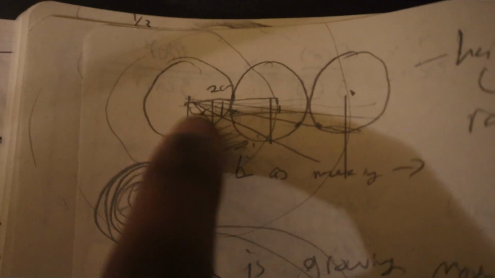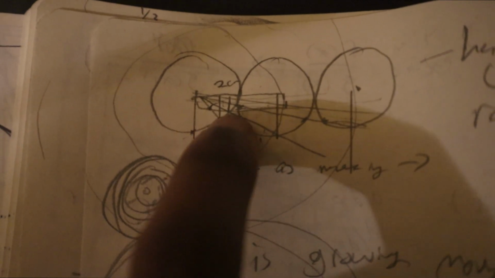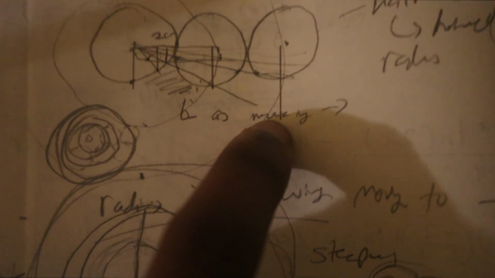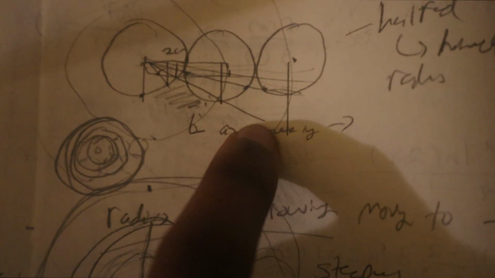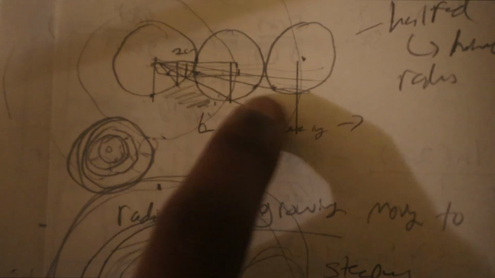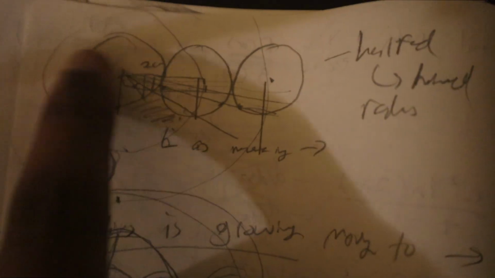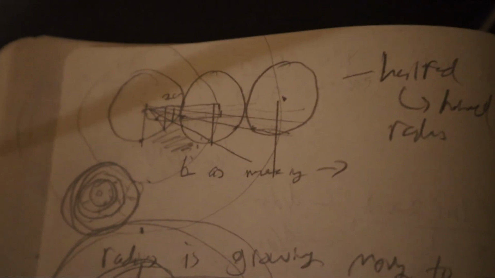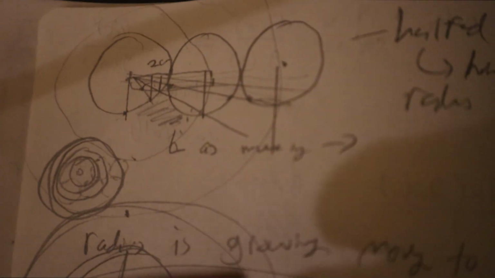From here to here is exactly the same as from here to here. So that means half of 45 is going to be halved, is going to be halved. You have to look at it like ratios, because I can't really use exact measurements.